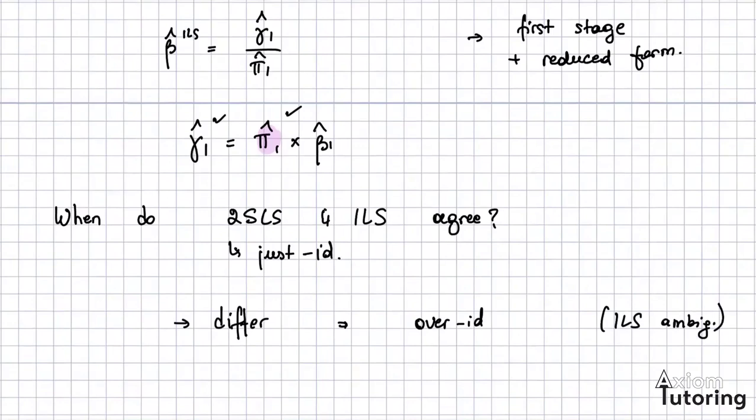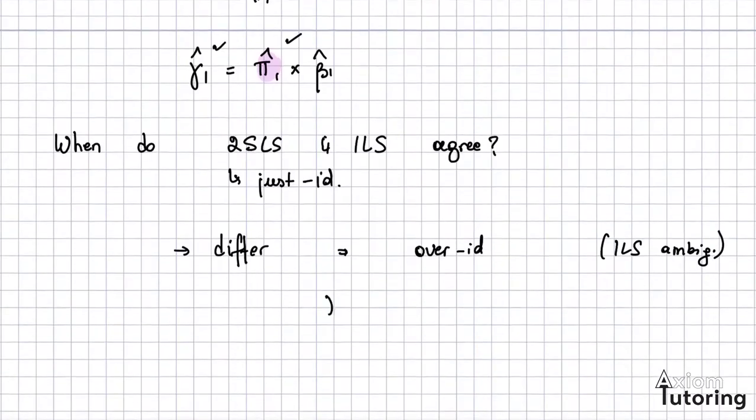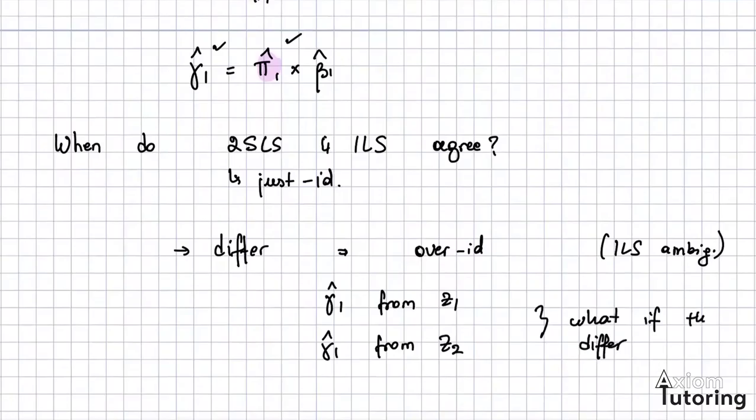With two instruments, Z1 and Z2, you have multiple reduced forms, okay? Because you would have gamma 1 from Z1, and then you'd have gamma 1 hat also from Z2, and what if the two of them differ, right?